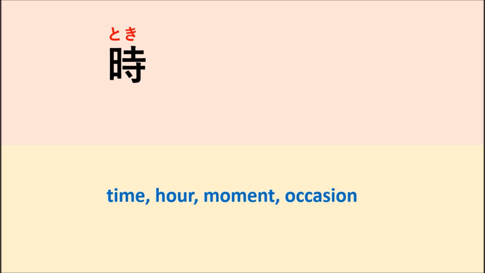Toki means the time, hours, moment, or occasion. For example, あの時 means that time. あの時楽しかったです。あの時厳しかったです。あの時疲れました。Which means in that time I was tired, in that time it was fun, in that time it was hard for me.